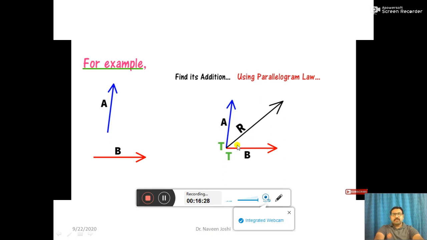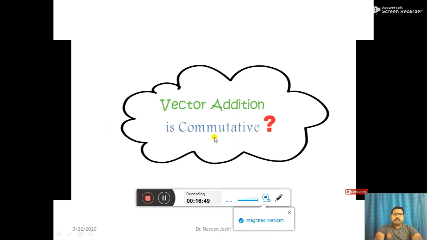Earlier, the triangle law formed a closed region, but here it's not like that. The resultant vector's tail is also attached with the tails of vectors A and B. This is the case in the parallelogram law.